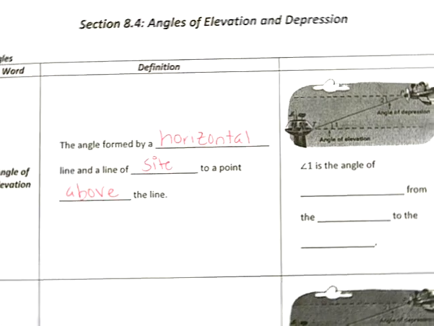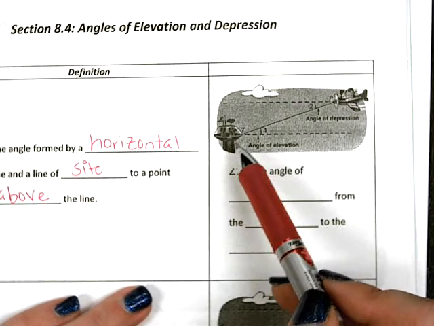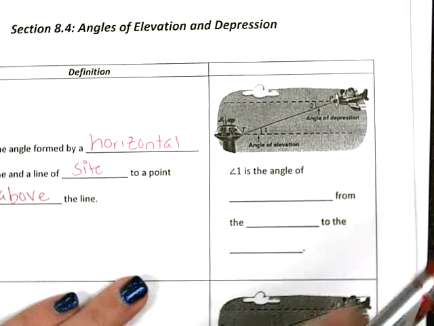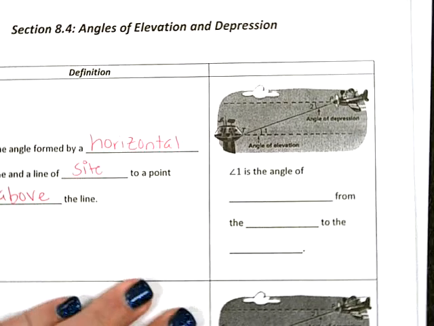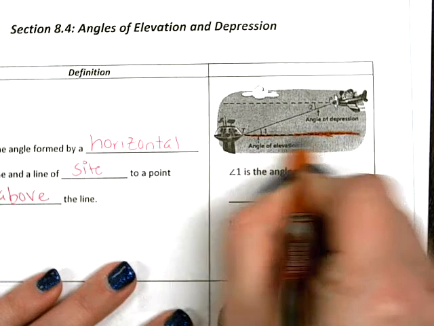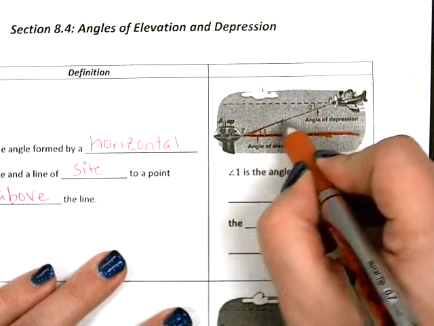For example, looking at this picture, we've got a tower, and we have a plane all the way up here. From the tower, we've got this horizontal line out, and we are going up to the airplane.